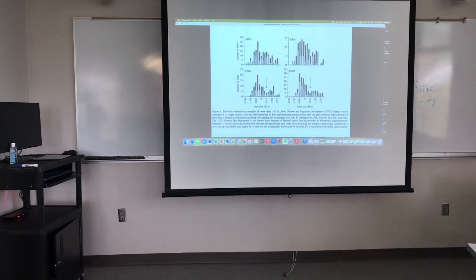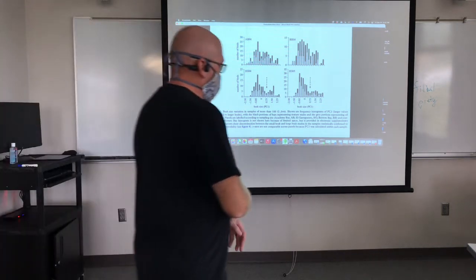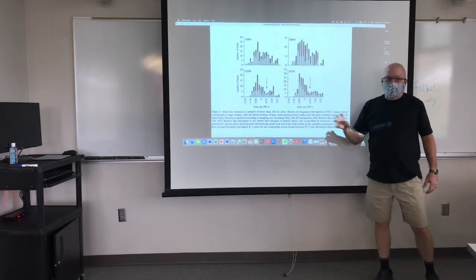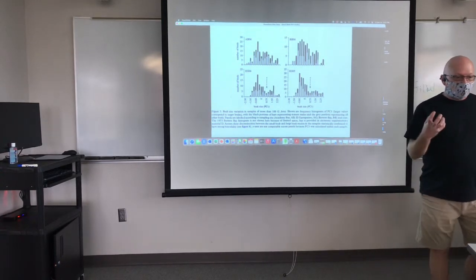And the tricky thing is in both of those cases, those things require you to look at more than one variable. You could just look at length, but that wouldn't tell you everything there is to know about the size of the finch's beak. So they use principal component analysis to get at an overall measure of size.